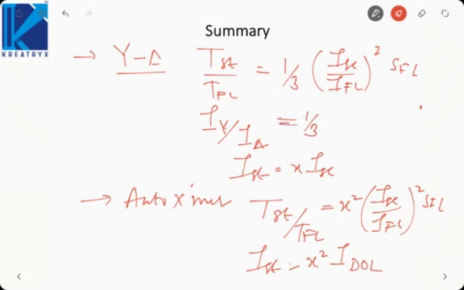So this is the method for starting the induction motor. So starting of induction motor is an important concept as per the GATE perspective. So try to remember these formulas, at least the ratio of starting torque to the full load torque for different starting methods. In the next lecture, we will see how to control the speed of induction motor so as to obtain a variable speed drive.